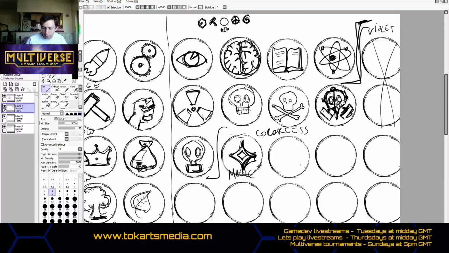In Pokemon, they have this symbol, which we again cannot use, but they're both really good symbols for colorless resource.